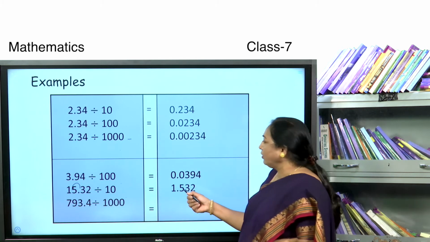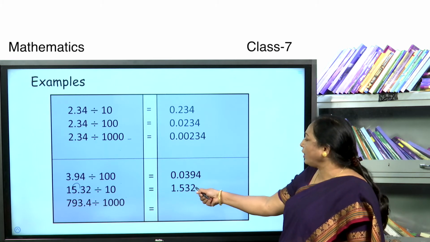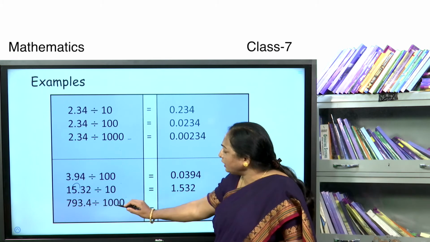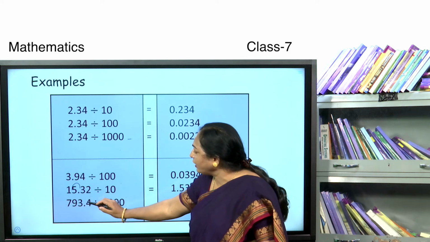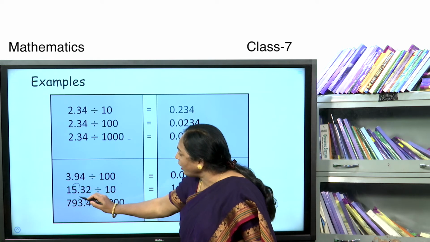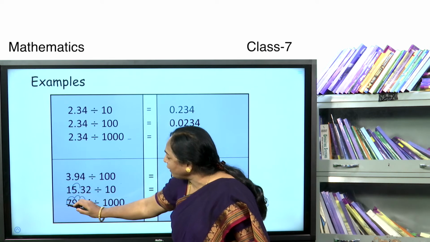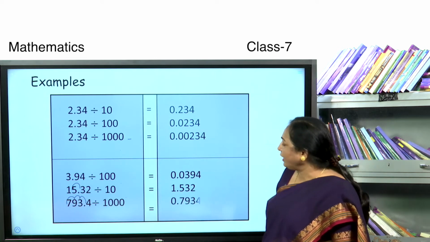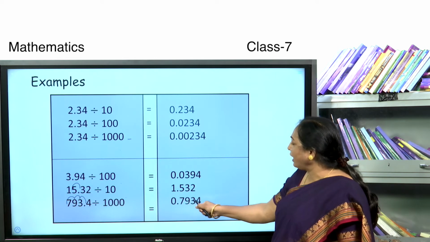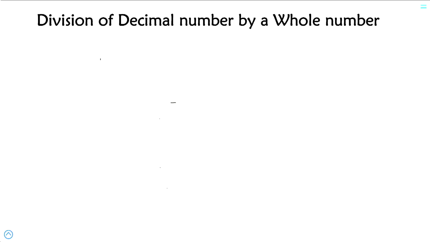That's why we'll get 1.532. 3 zeros are here. Therefore, the decimal point is shifted 3 places, 1, 2, 3 places towards the left. Therefore, we will get 0.7934. Children, let us learn to divide a decimal number by a whole number.